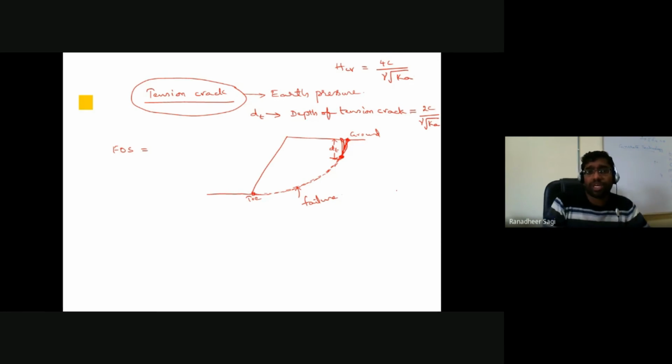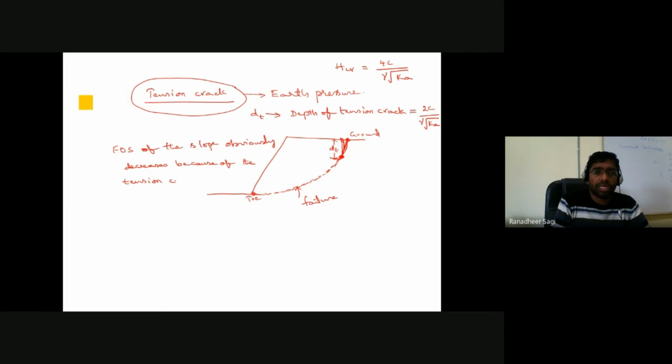So what happens because of the tension crack? The factor of safety of the slope obviously decreases because of the tension crack.